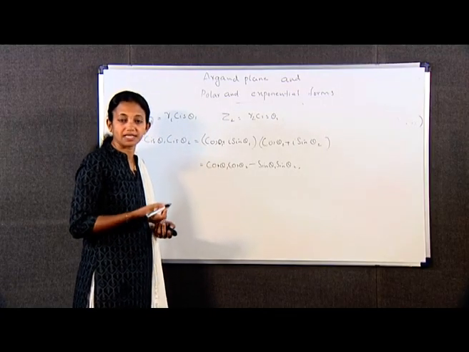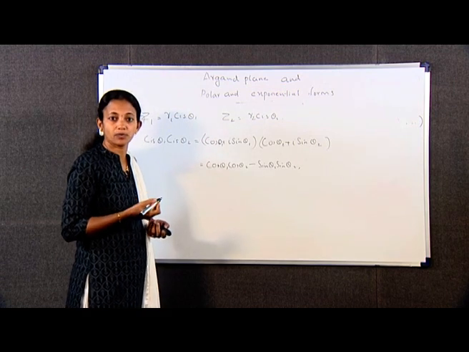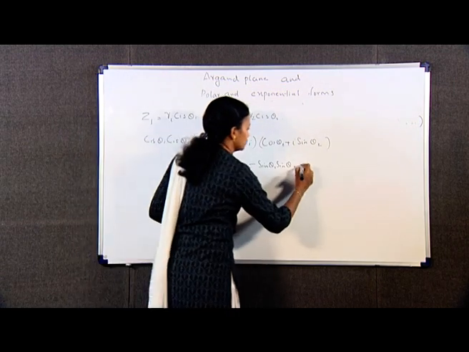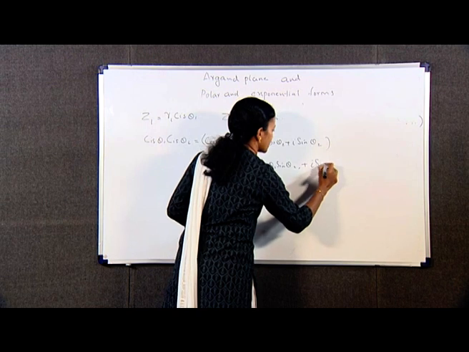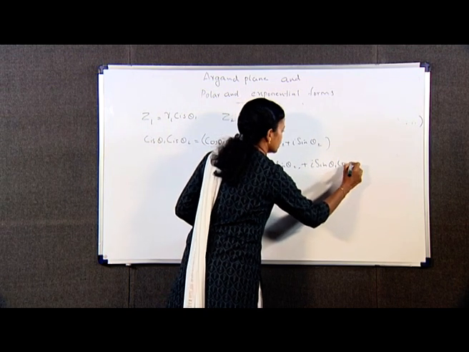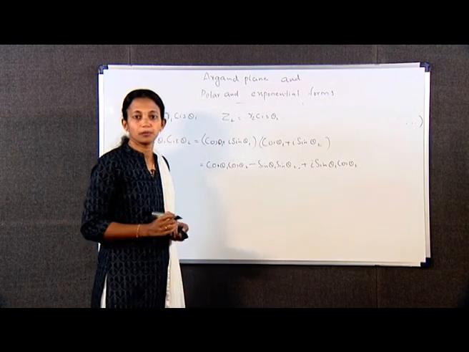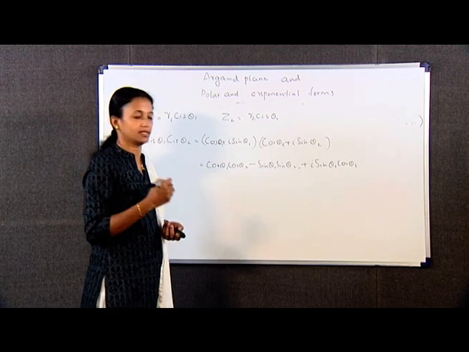again we have plus I into sin theta 1 cos theta 2 plus cos theta 1 sin theta 2.